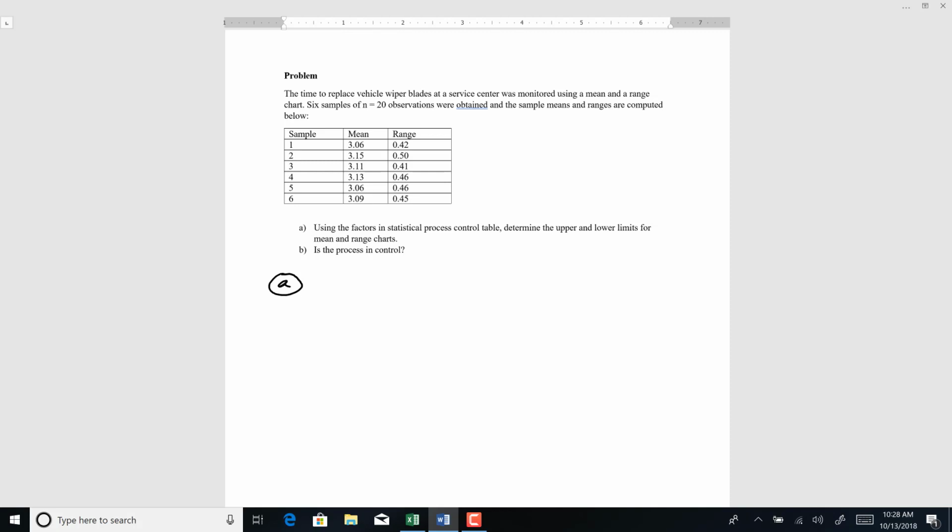For the X bar chart, the upper control limit and lower control limit are given by the formula X double bar ± A2 R bar.